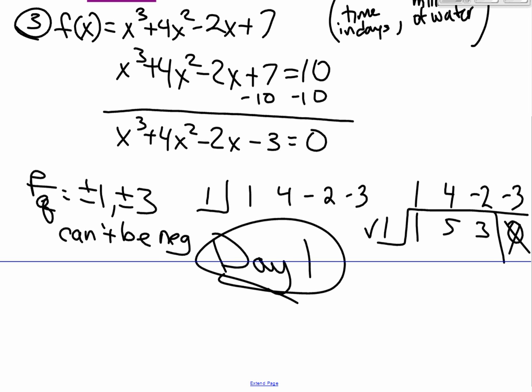There's another rule we'll have later, not today, that helps us decide if there are going to be positive or negative roots. But the rule that we're going to talk about now is a limit.